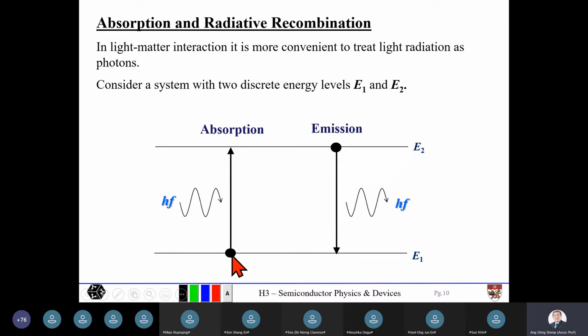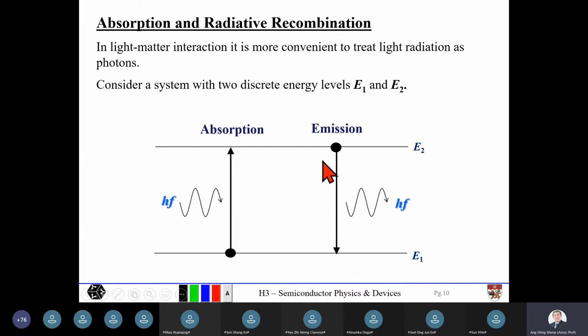an electron can be promoted from energy level 1 to energy level 2 if it absorbs a photon having an energy exactly equal to the difference between E2 and E1. For photon energy other than E2 minus E1, no absorption can happen. Emission of light is the reverse process: it happens when an electron at a higher energy level falls to the lower energy level E1.